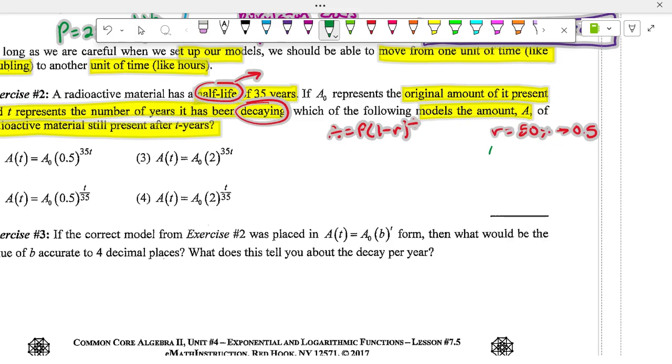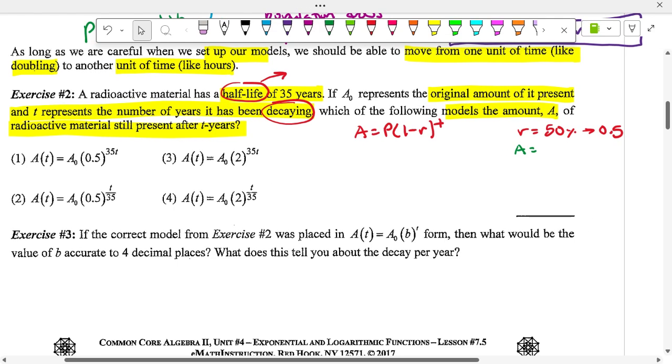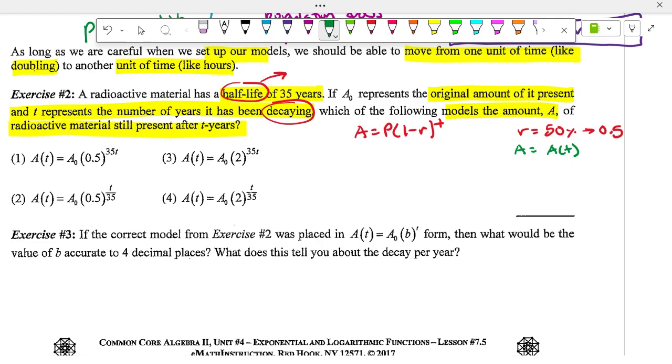Now, we fill in the rest. A is just going to be A of t, which is whatever material is left over after that amount of time. P is going to equal our initial, or A sub 0. And t, we're just going to leave it as t for right now. Actually, let's call it h for half-life.